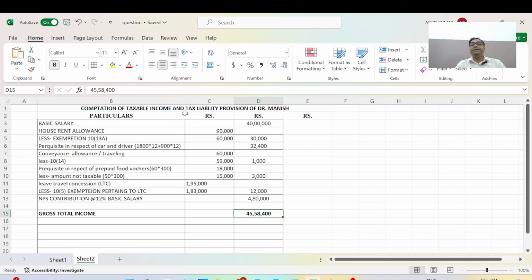Now we will see the last deductions under section 16, the standard deduction.